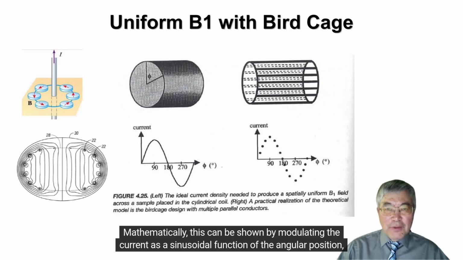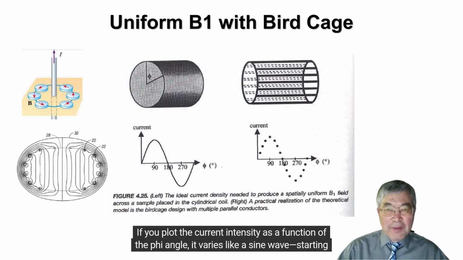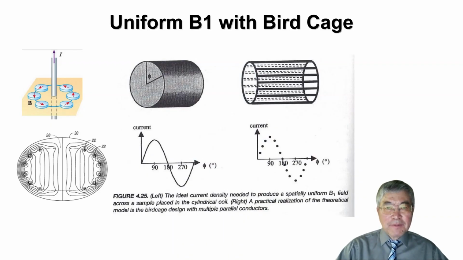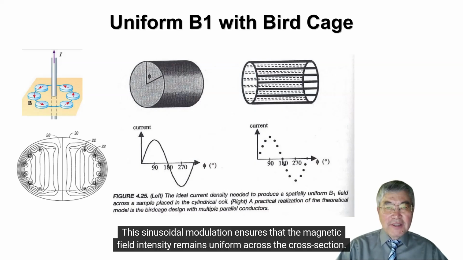Mathematically, this can be shown by modulating the current as a sinusoidal function of the angular position, which we call phi. If you plot the current intensity as a function of the phi angle, it varies like a sine wave, starting from 0 at phi equals 0 degrees, reaching a maximum at 90 degrees, and then becoming negative at 180 degrees. This sinusoidal modulation ensures that the magnetic field intensity remains uniform across the cross-section.